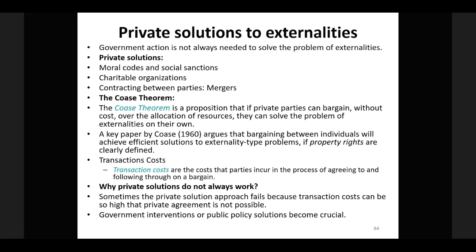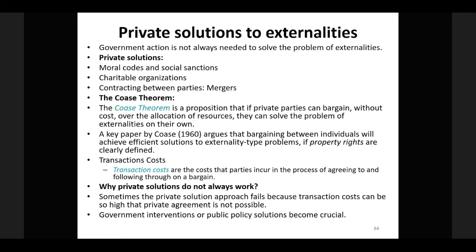So if you go to some community, you see they will write on the wall, if you dump rubbish here, you pay 50,000 Ghana cedis. Sometimes they say, if you urinate here, you pay 1,000 Ghana cedis. Those are all forms of moral codes and social sanctions.